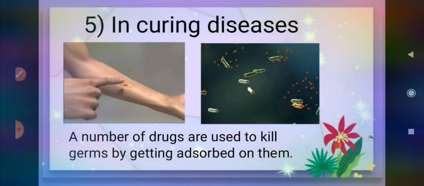In curing diseases, a number of drugs are used to kill germs by getting adsorbed on them. Let us take one example. For example, ointments used on cuts or wounds actually get adsorbed on the germs and kill the germs.